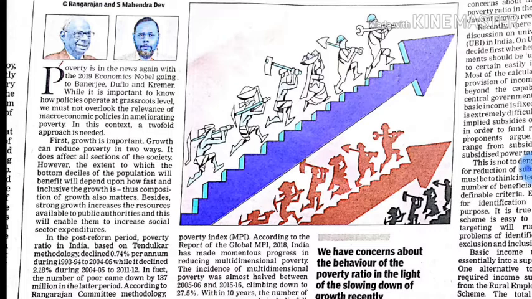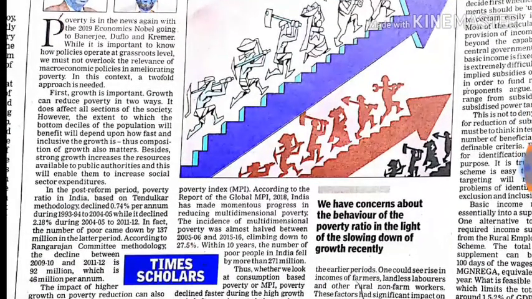In the post-reform period, poverty ratio in India based on Tendulkar methodology declined 0.74% per annum during 1993-94 to 2004-05, while it declined 2.18% during 2004-05 to 2011-12.